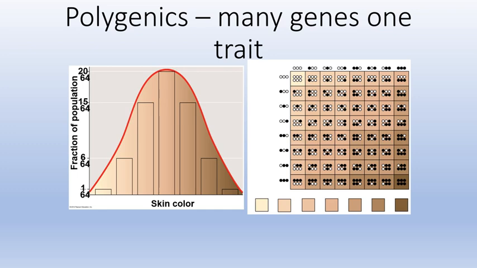The most infrequent combinations are all recessive or all dominant. This relationship creates a bell curve of frequency of skin colors. This is like a distribution of grades in a class where very few people get hundreds, very few people get 60s, and most everybody is in the 80s range.